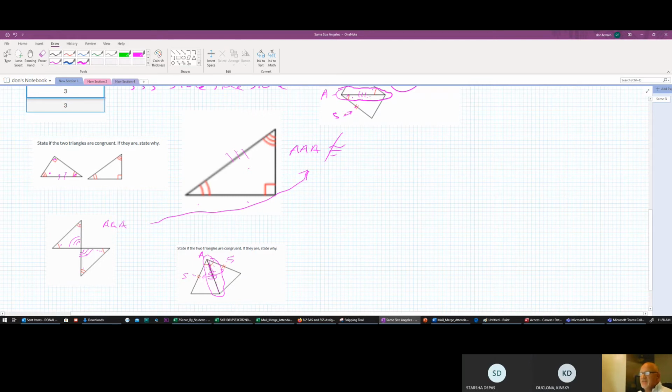But we've got a common side between the two triangles, correct? So essentially we have side, angle, side, SAS. Does that make sense? All right. Makes sense to you, Star? Yeah, that makes sense.